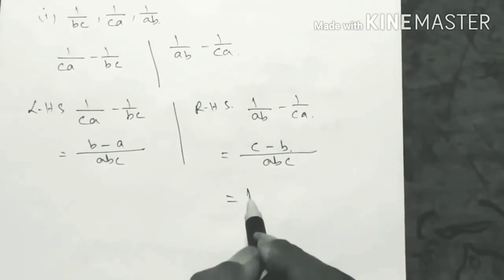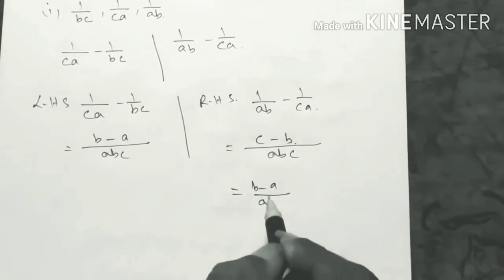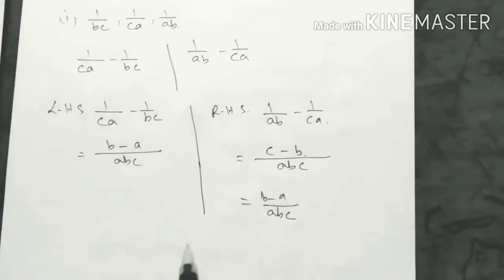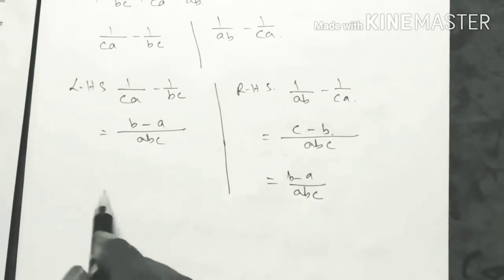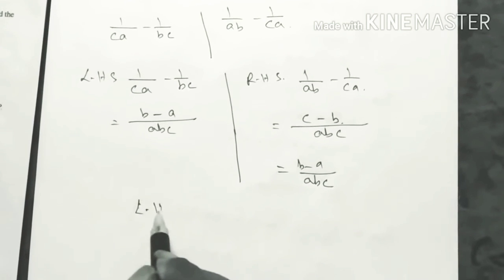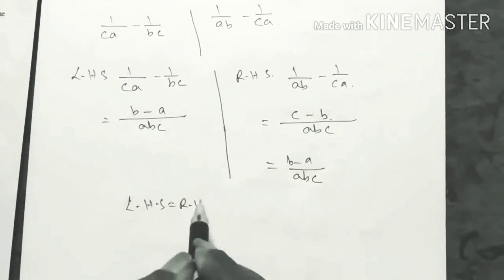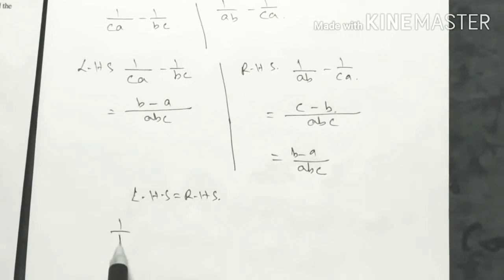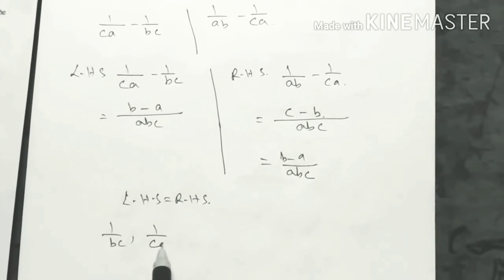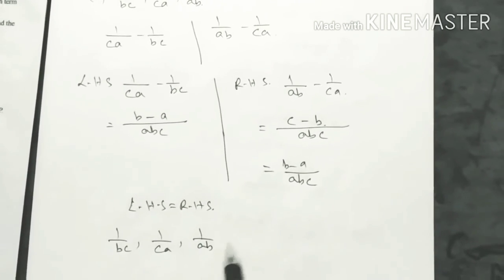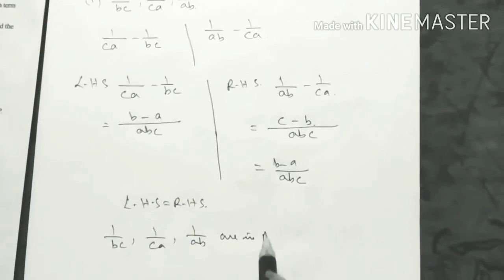So B minus A is equal to ABC. So from the left hand side and right hand side, we can conclude that left hand side is equal to right hand side. So 1 by BC, 1 by CA, 1 by AB are in AP. They are in AP.